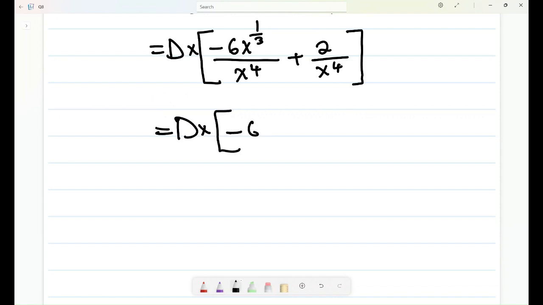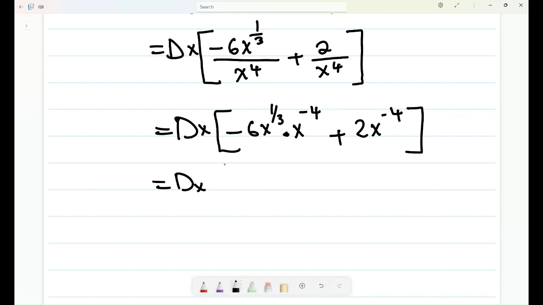It's going to be negative 6 x to the power 1 over 3 multiplied by, remember, this one when it comes at the top is going to be multiplied by x to the power of negative 4 plus 2x to the power of negative 4. This, you are good to go. Derive again.